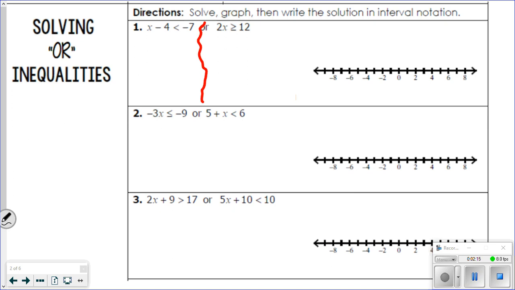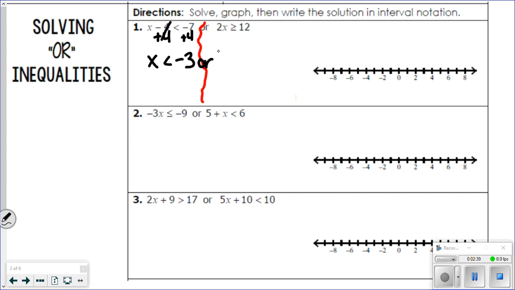So I need to move this -4. The opposite would be to add 4. Add 4. These cancel. X is less than -7 plus 4. We get -3. That's my first inequality.